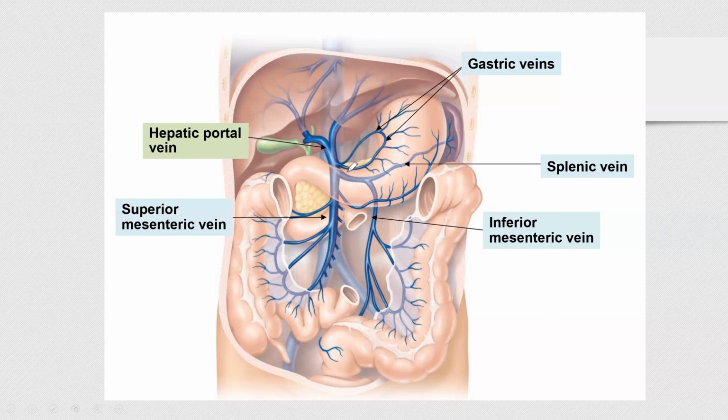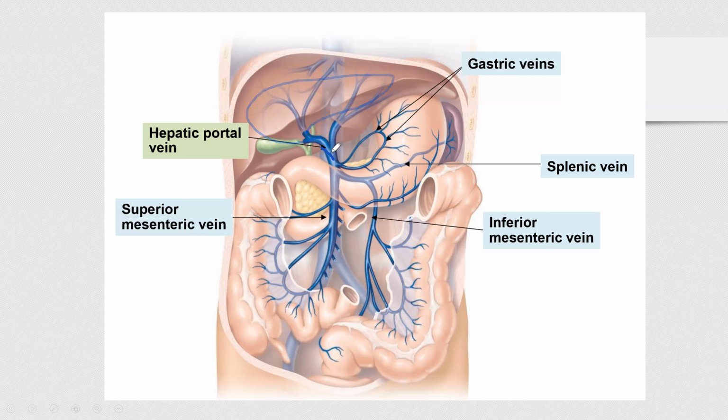But the difference is instead of taking this blood directly to the inferior vena cava, they take this blood first to your liver. So actually when you digest your food, right, the food is absorbed in those capillaries and through inferior mesenteric, superior mesenteric, splenic, gastric veins, blood rich in nutrients is going to flow to your liver first, okay?